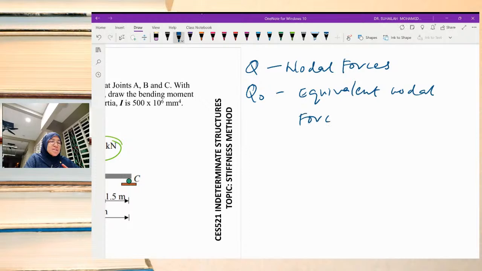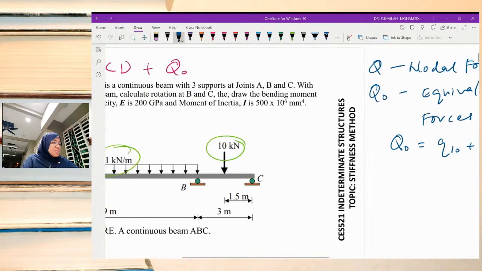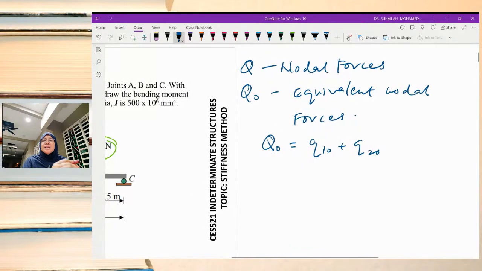Equivalent nodal forces come from the equivalent element nodal forces, Q1 naught plus Q2 naught. Then we will have Q naught, capital Q. As usual, small letter means for element, and capital letter means for the whole.